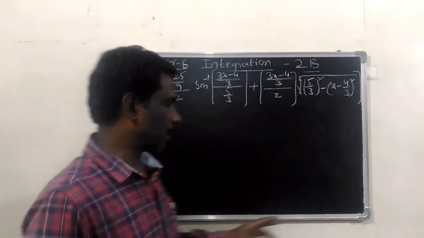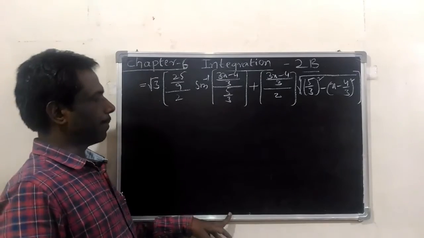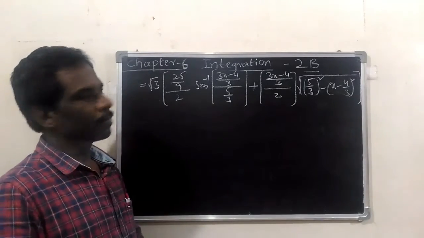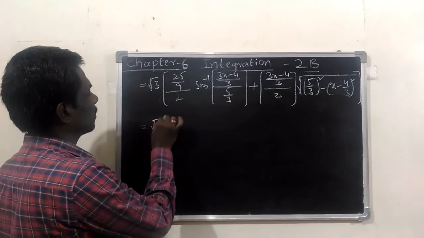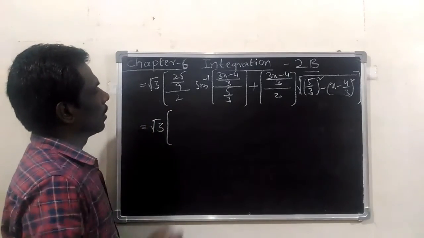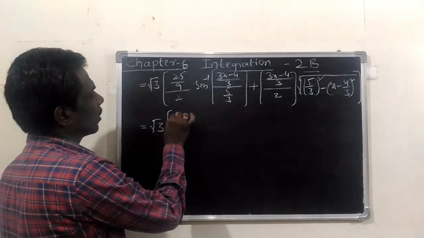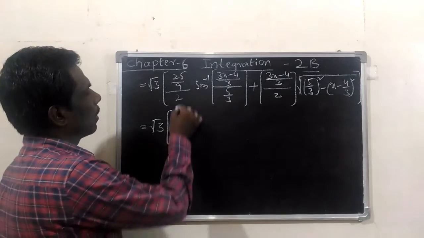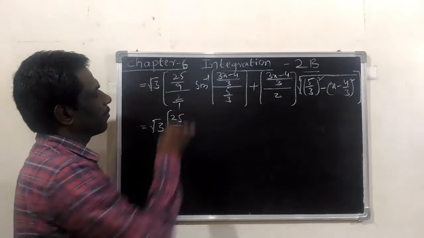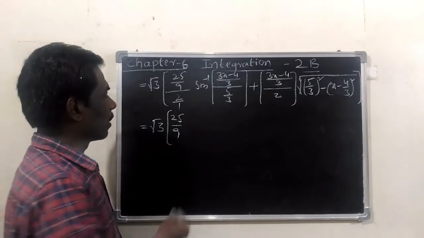Yes, now I copied the last step at the top of the board, and is equals to write the root 3 as it is, and the numerator fraction write as it is 25 by 9, and make the denominator also fraction form, that is 2 by 1.